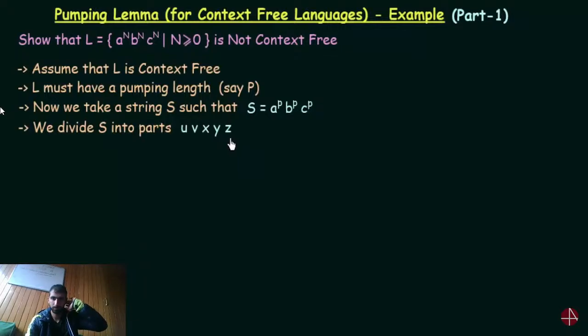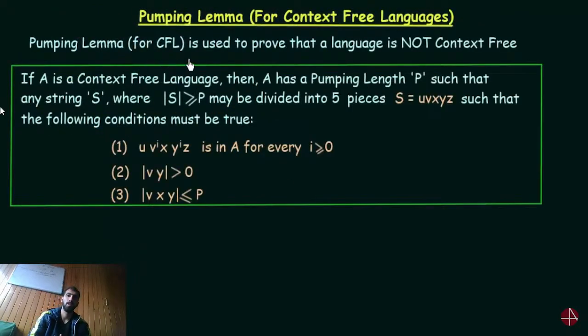Let us look at the rules of this pumping lemma that we studied in the previous lecture, just to recall those. We said that if a language is context-free, then it will have a pumping length. We already assumed that our language is context-free, so it will have a pumping length P. Then we have to divide our string into 5 pieces, u, v, x, y, and z, which we will do.